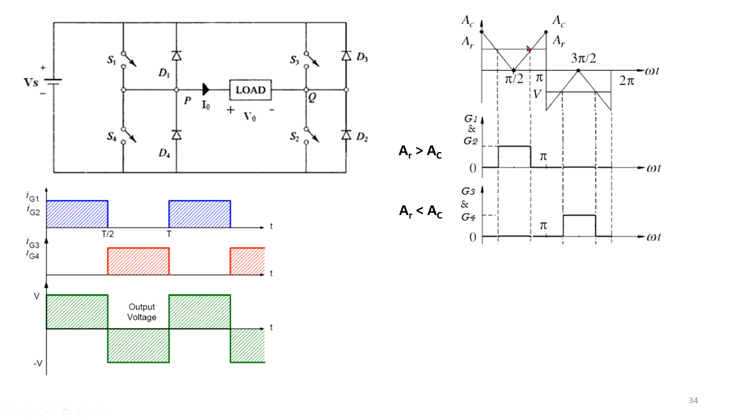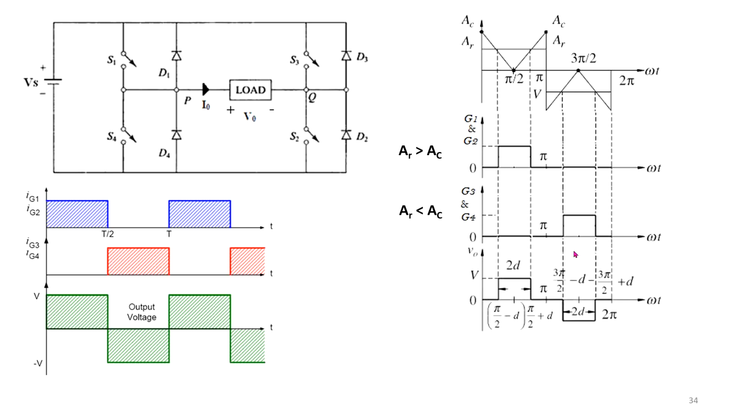Where this is larger than this one, you have output. Similarly, when Ar is less than Ac, then you have a pulse. And here is your output.